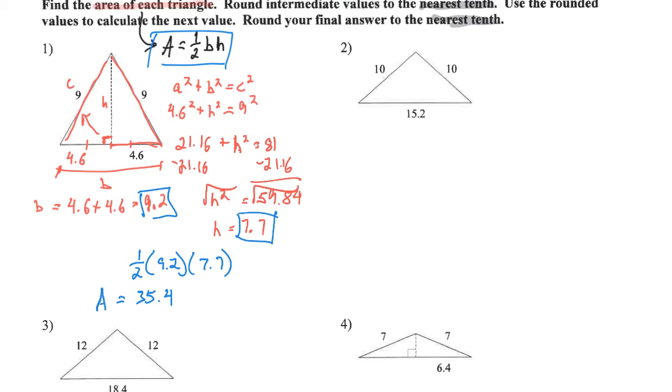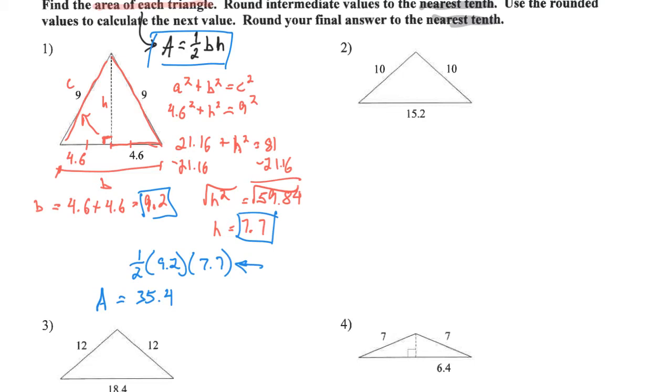So that's going to be the area. I'm going to use capital A for area there. Okay, so to type this in your calculator, you can multiply the 9.2 and the 7.7, and then just divide it by 2 after you get that answer. There's several ways to write that in, but that's the gist of it there.